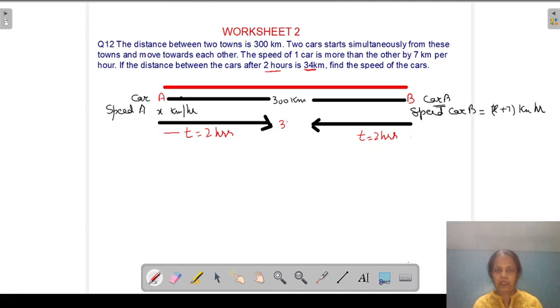So the remaining distance between them is 34. Now the question is to find the speed of the cars. Okay, now we will go to the solution. I hope this diagram is clear.